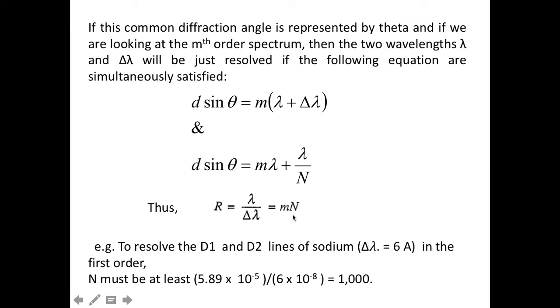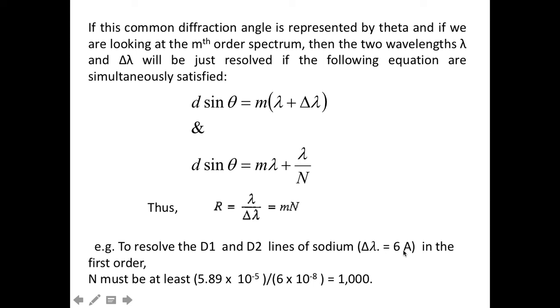Okay, so sodium has two lines, D1 and D2, and we know the delta lambda is 6 angstrom, and the wavelength of sodium is also known, 5.89 into 10 raised to minus 5.